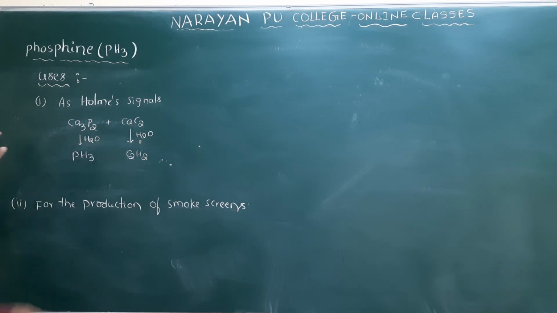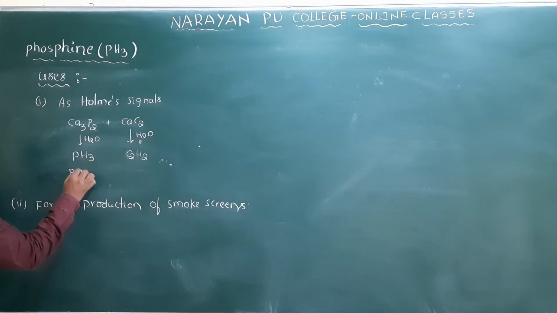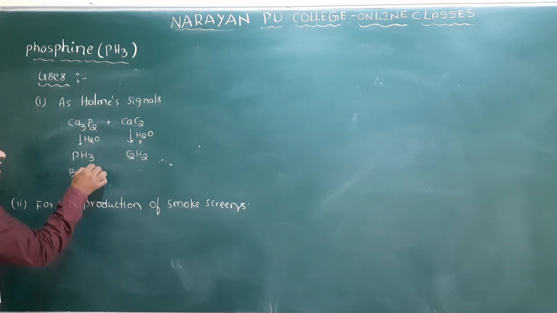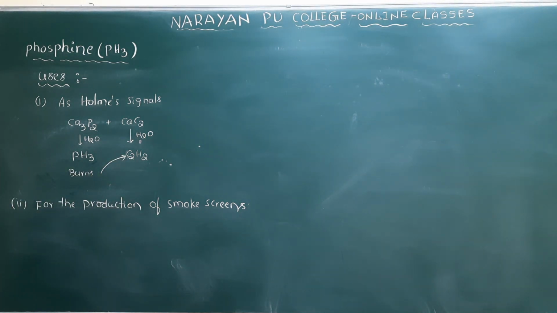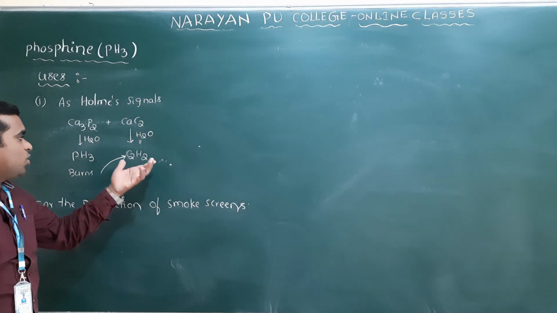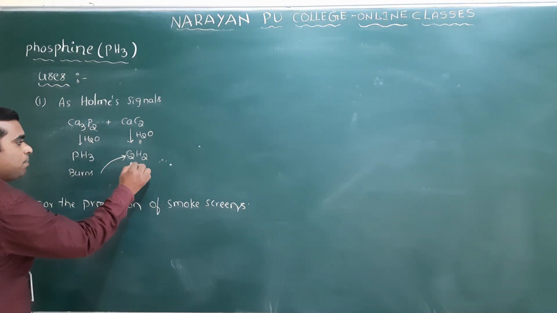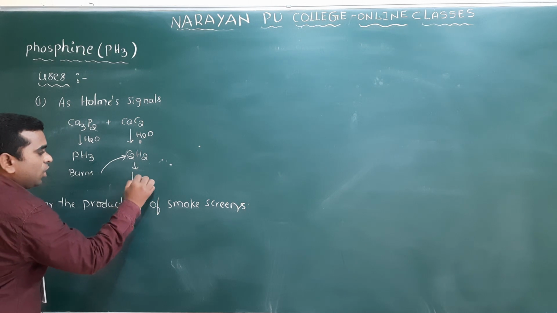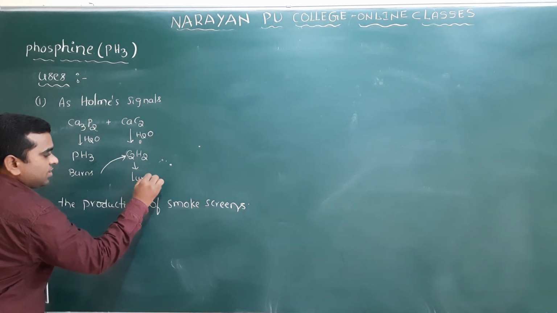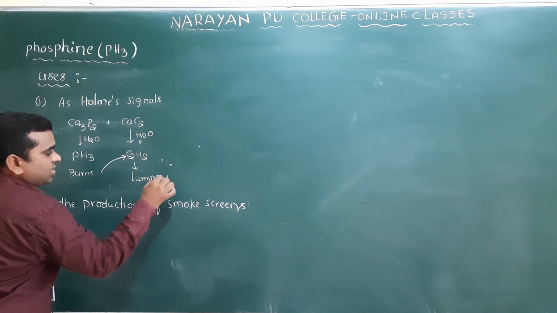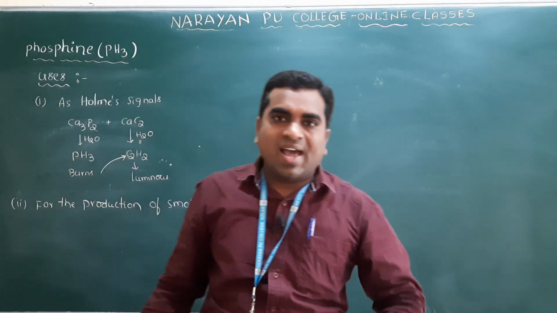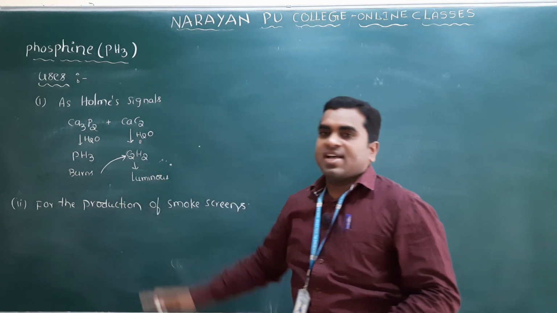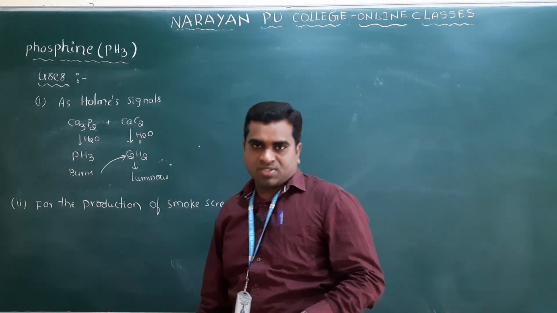When PH3 burns, this ignites the C2H2, acetylene gas, and it burns with luminous light. It burns with a very bright glow, which serves as a signal for the steamers.